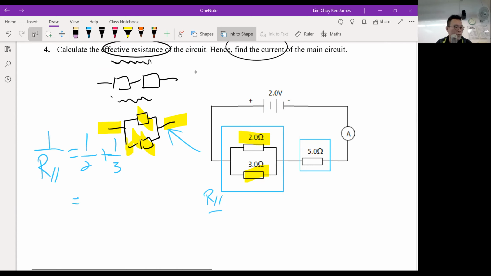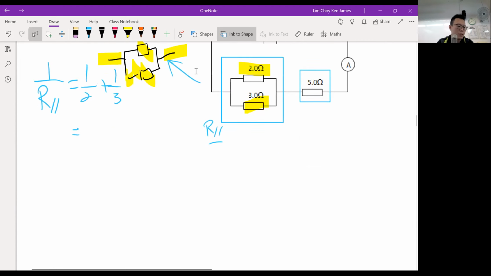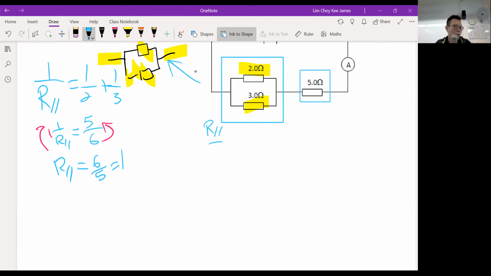So once you get the answer, 1/2 plus 1/3, use your calculator. You have 5/6, which is 1/R parallel. After that, remember to invert the fraction, because I want R parallel, which is 6/5, which is 1.2 ohms.